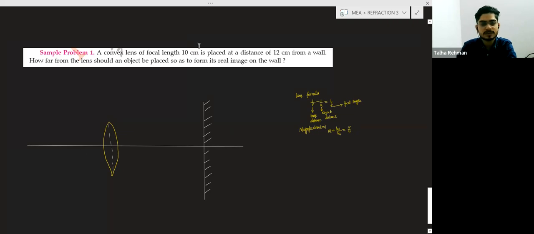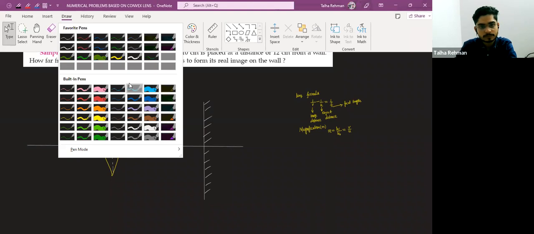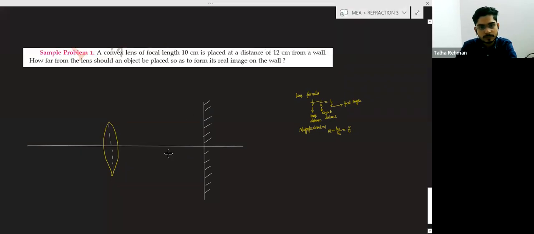This is the convex lens. This distance is given as 12 centimeter, and the focal length is 10 centimeter.